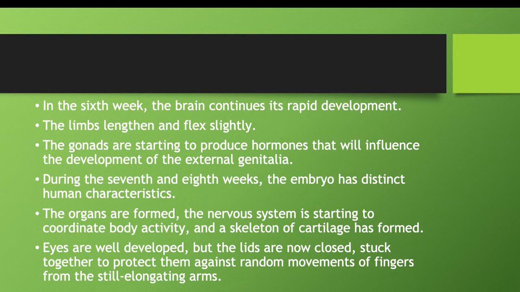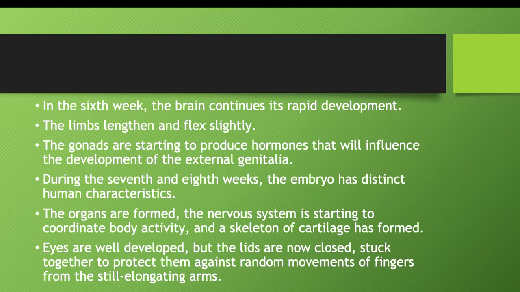The limbs lengthen and flex slightly. The gonads are starting to produce hormones that will influence the development of the external genitalia. During the 7th and 8th week, the embryo has distinct human characteristics. So you're not going to see it really look like a human until about 8 weeks into its development.